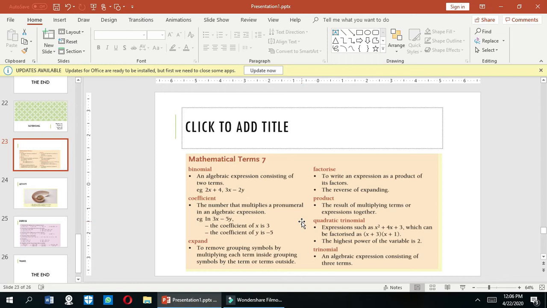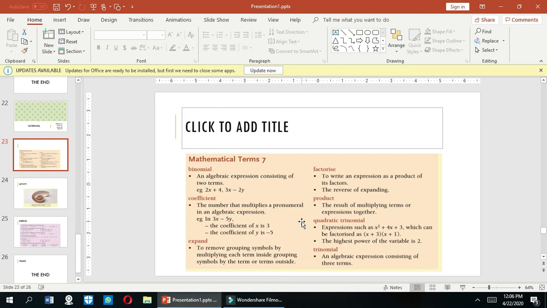In factorize, to write an expansion as a product of its factors, the reverse of expansion. You can say that factorization is a reverse of an expansion. And what is the product? The result of multiplying terms of an expression together is a product. The two terms in the form of multiplication, and after multiplication you get the answer, and you can say that this is the product of two terms.